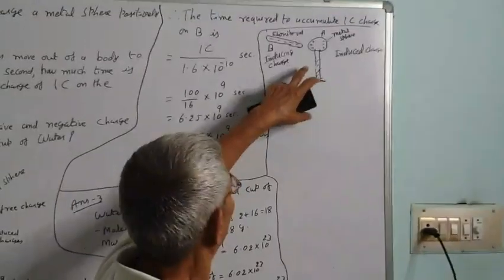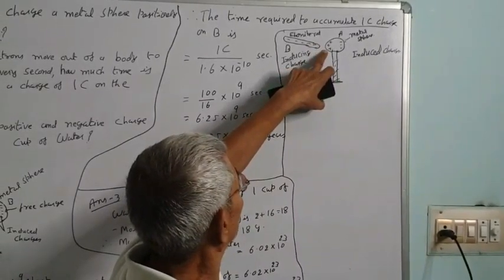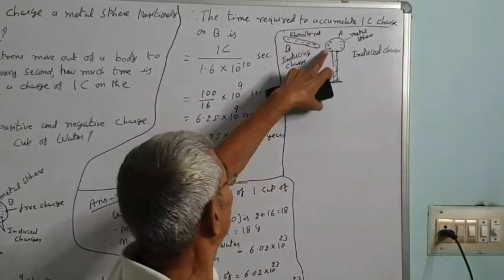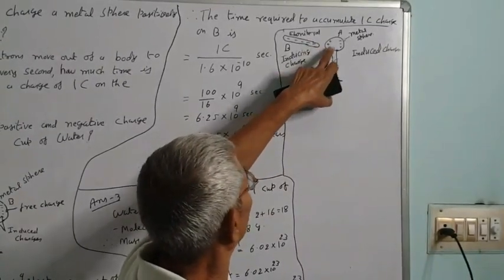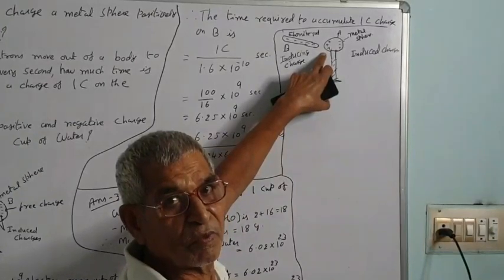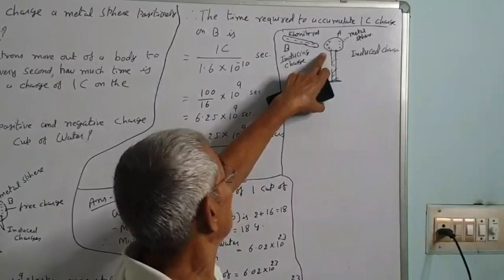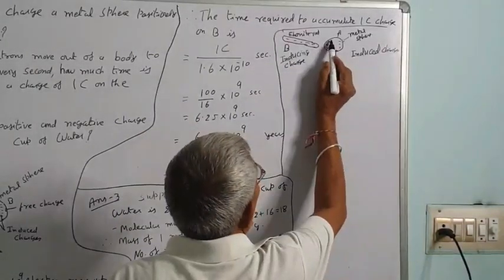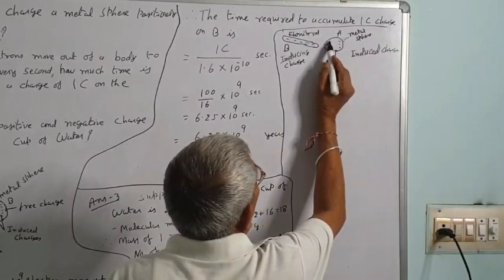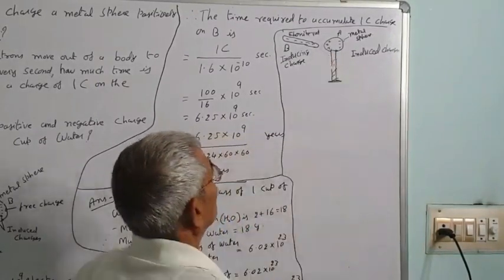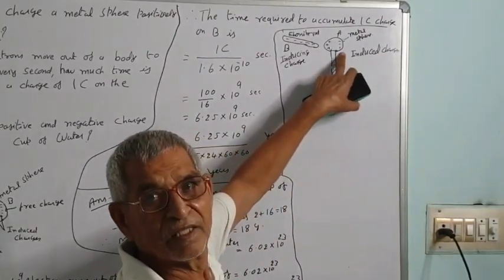It induces them in A. As the rod is negatively charged, it will induce positive charge on the near end of A. How is it created? Because it will repel electrons from the end of the metal sphere A which is nearer to it. So the near end of the metal sphere A will become deficient in electrons as the electrons move further. So the left side portion of A will be charged positively and the right side portion of A will be charged negatively.